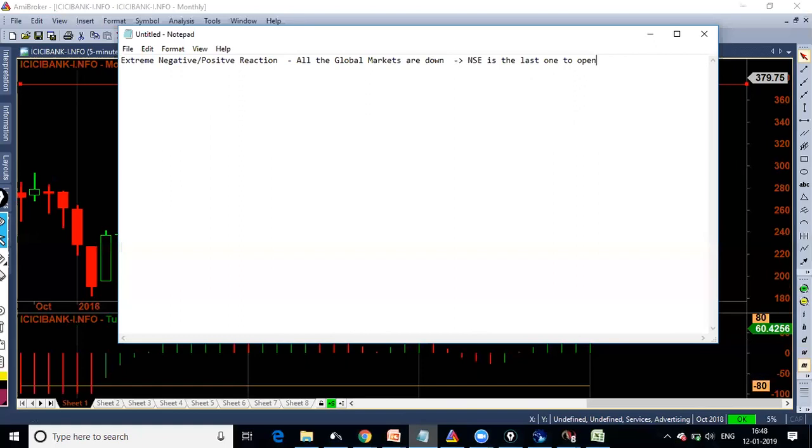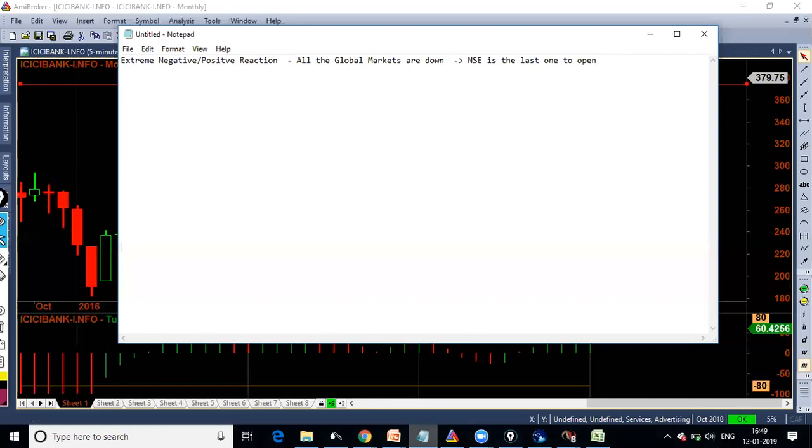Those are the places where you look for mean reversion. If there are no serious sellers, it will bounce back. You have to take it immediately, because on most days when an extreme reaction comes, it will top out or bottom out in the first minute or first 5 minutes. This is the only thing we look into.